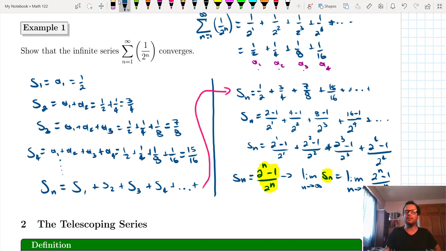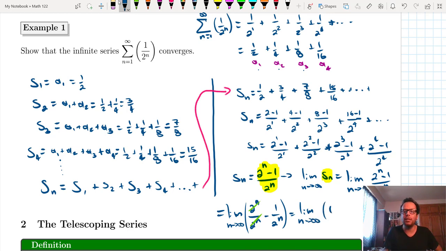Okay, let's evaluate this limit. Let's split this up into two terms: the limit of 2 to the n divided by 2 to the n, minus 1 over 2 to the n, as n approaches infinity. Notice how these 2 to the n's divide out, leaving us with the limit as n approaches infinity of 1 minus 1 over 2 to the n.